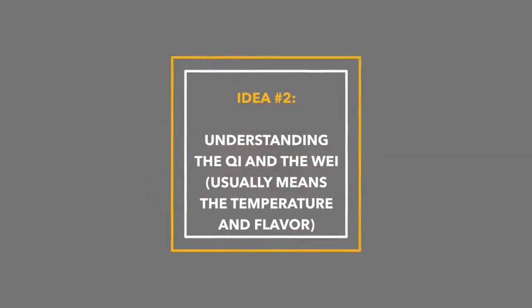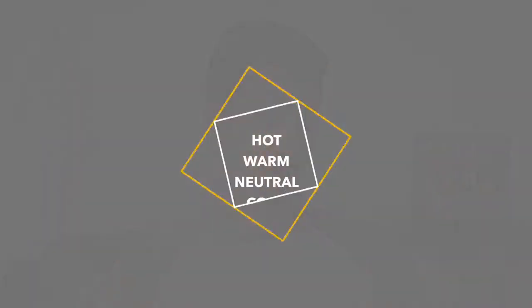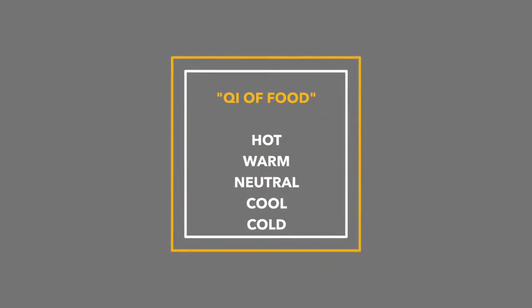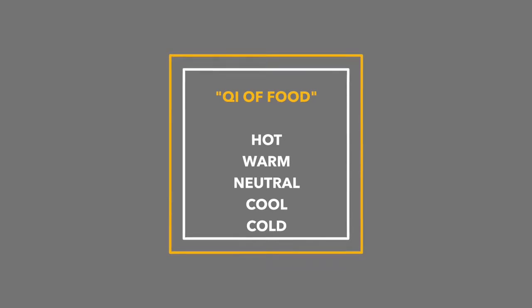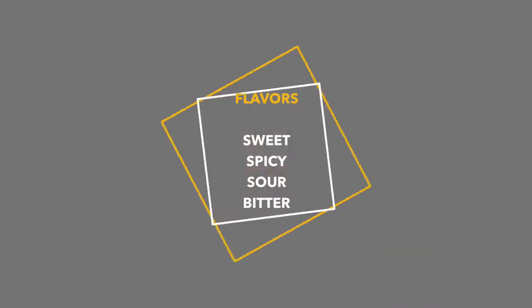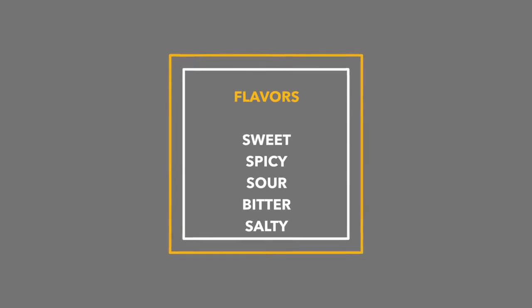But the first concept here is understanding the energetics of food. So really what this just means is understanding the qi and the flavor. The qi is typically the temperature of the food, and the flavor is the five flavors that we just talked about. So the qi could be, for example, hot, warm, neutral, cool, or cold. And the flavors are typically sweet, spicy, sour, bitter, and salty.